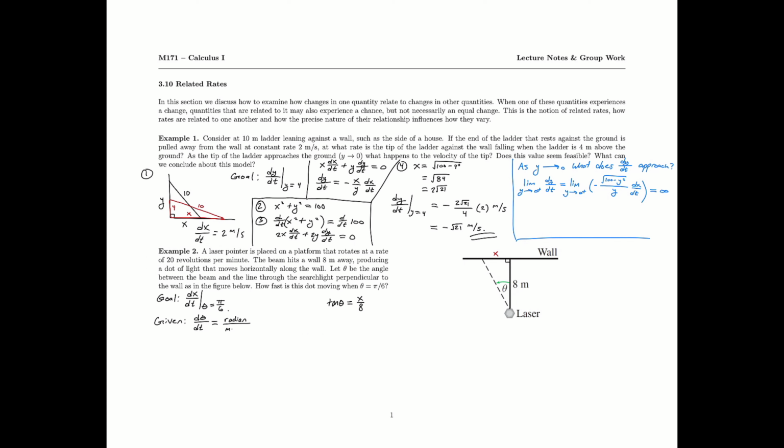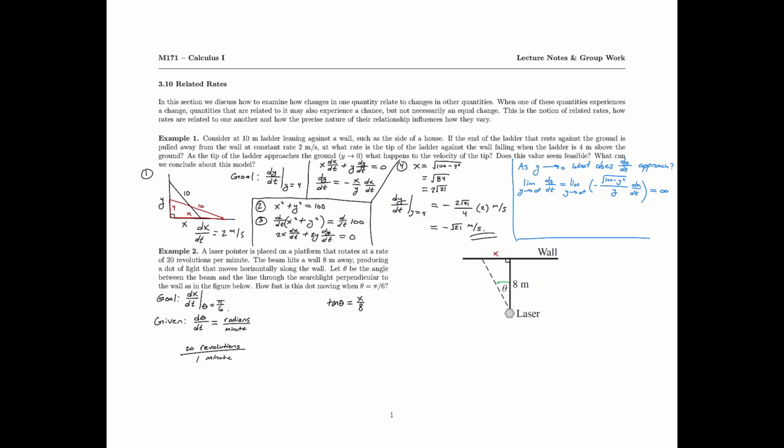For us, it's going to be minutes. So radians per minute. But what we're given here is revolutions: 20 revolutions per minute.